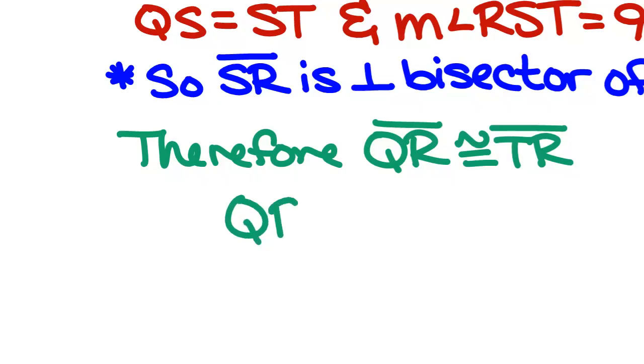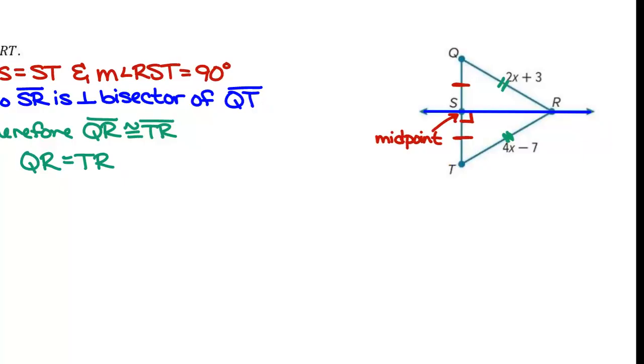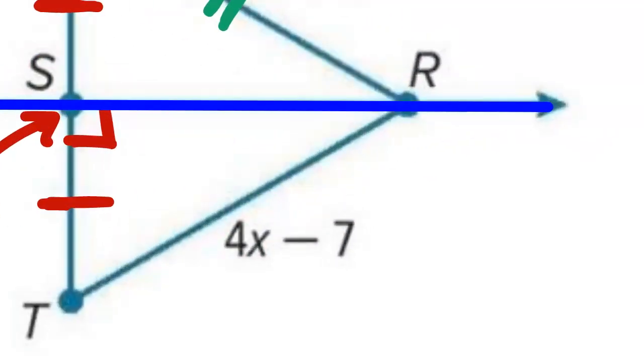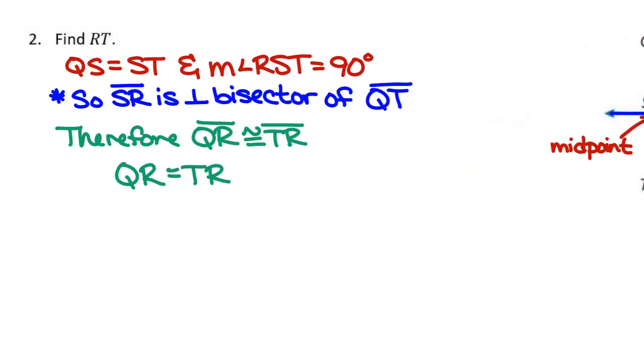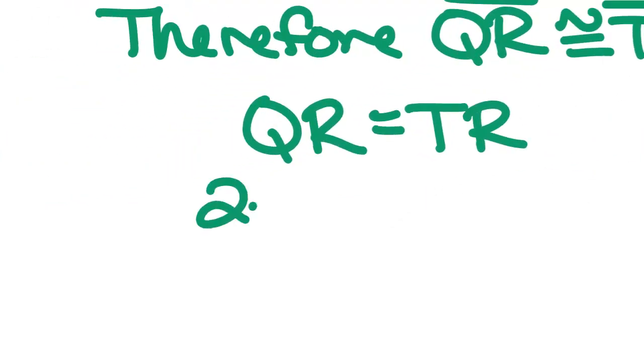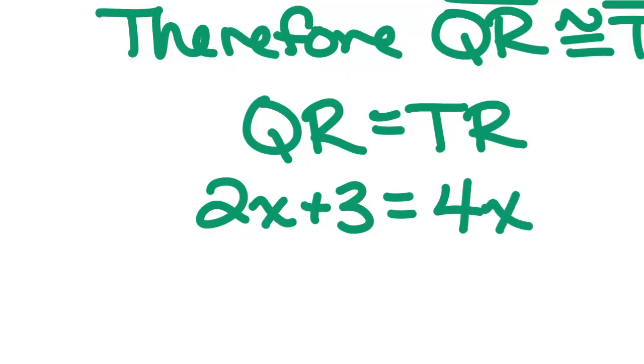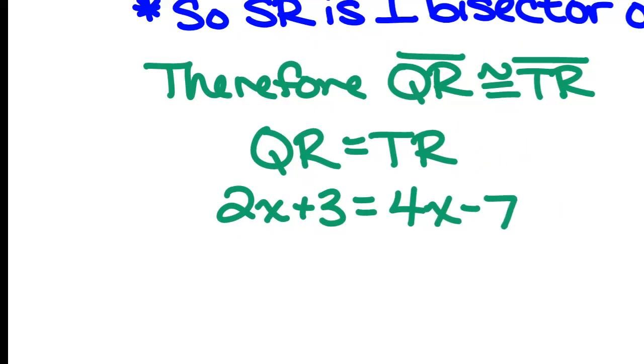So that means the length of QR is equal to the length of TR. What is the length of QR? Two x plus 3. And TR? 4x minus 7. Let's solve this for x so that then we can use that to find RT.